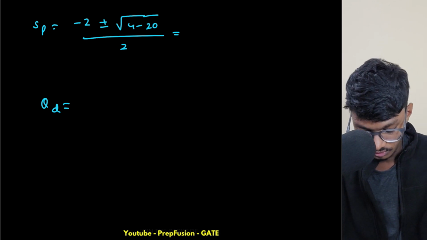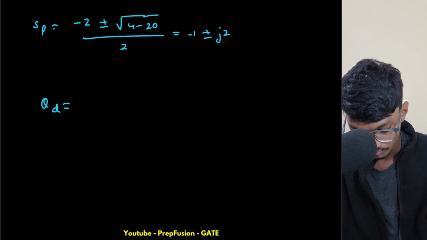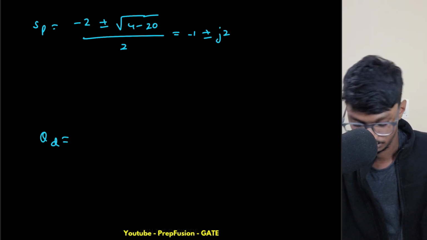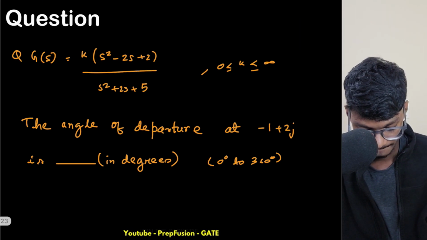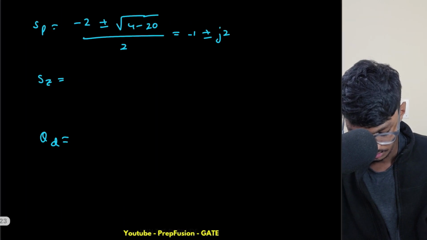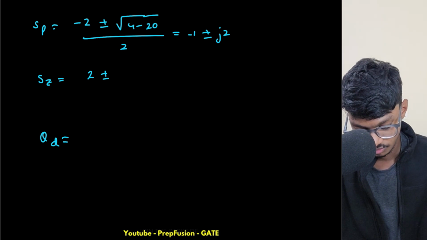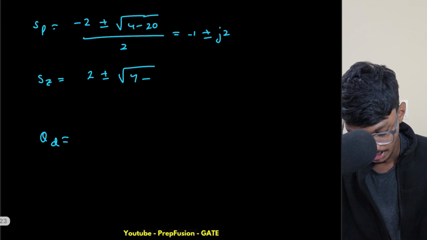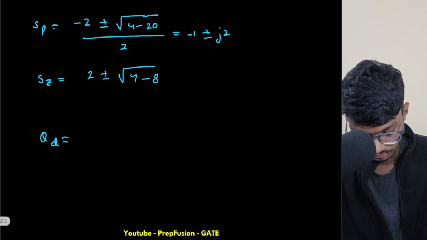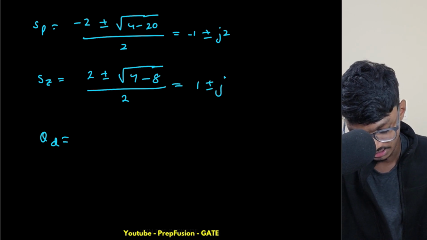So this is -1 plus minus j2. Now for the zeros, s is minus b, which is plus 2 on the right hand side, plus minus square root of b square, which is again 4, minus 8, upon 2a. So this is 1 plus minus j. Okay, these are my zeros and these are my poles.